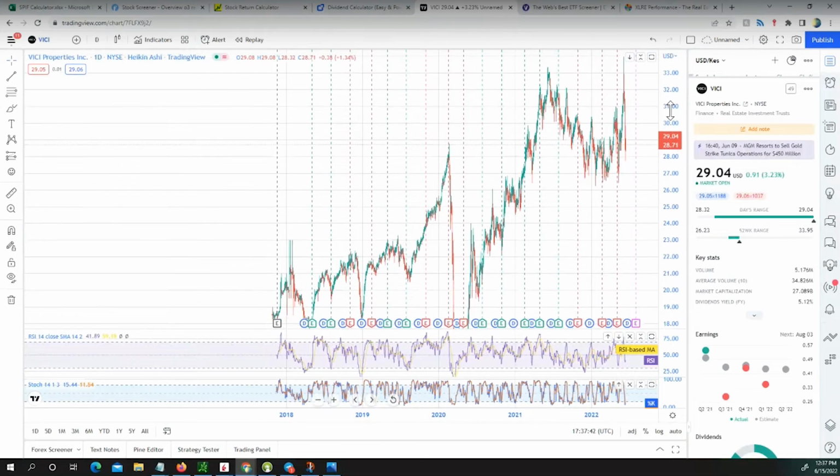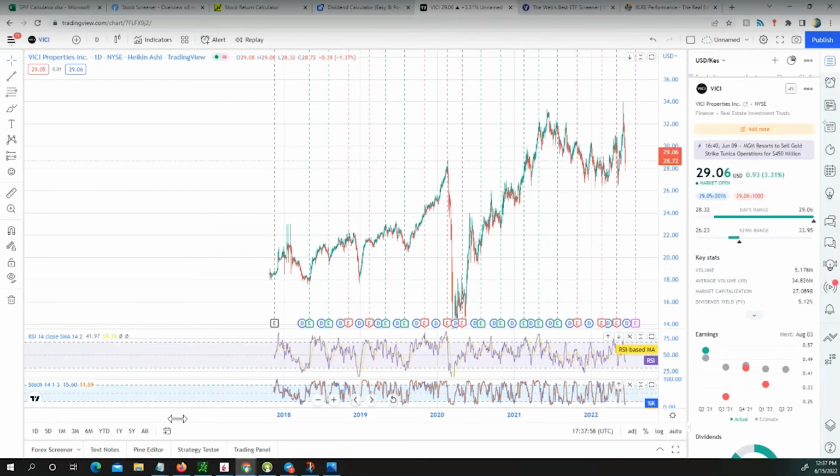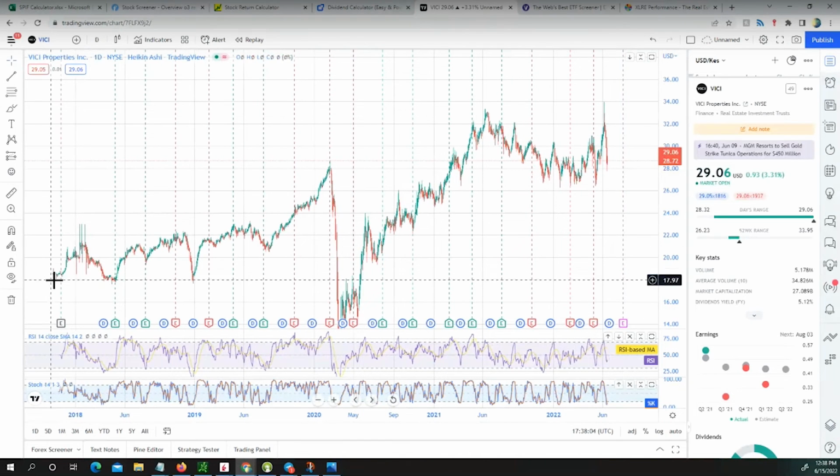The company started in 2017 or 2018, I think, around there. Ever since that time, you can see it was growing steadily, despite the dips.